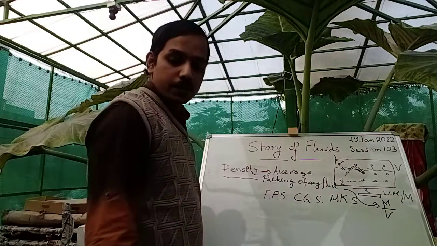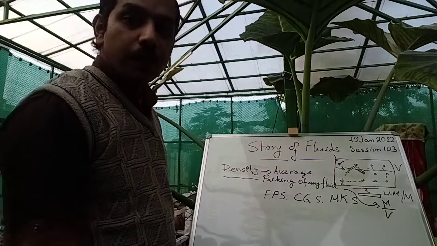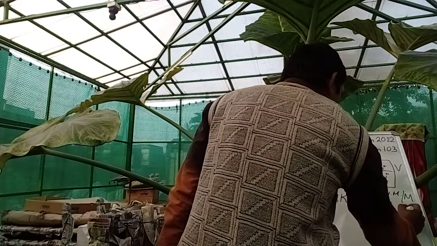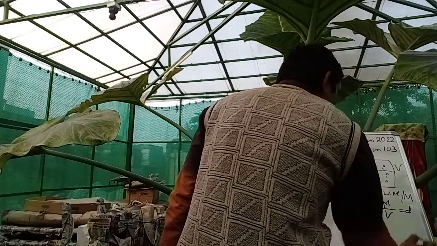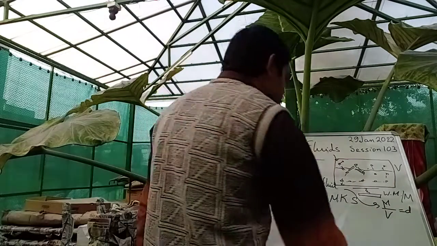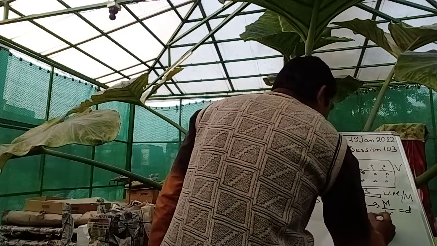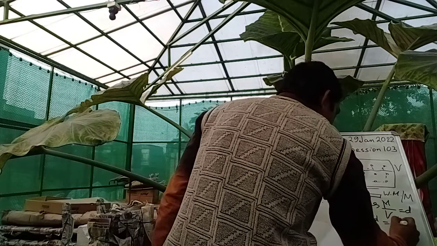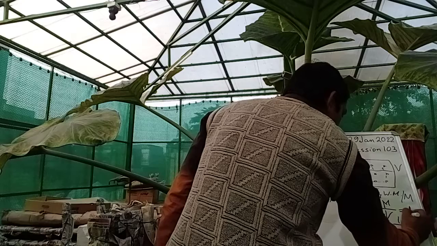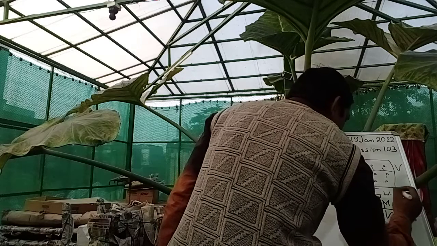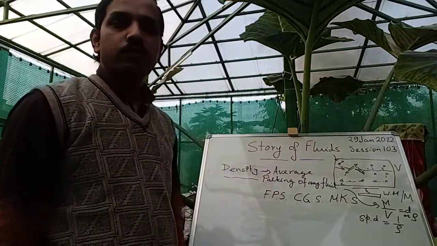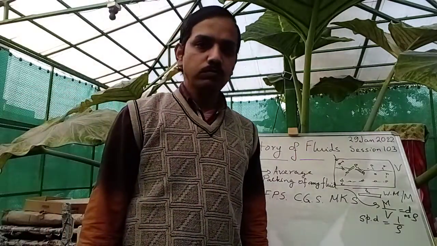We just discussed in the previous class that this is density, where we use D, and specific density is basically 1 by D, or sometimes we use rho. So specific density is 1 by rho.